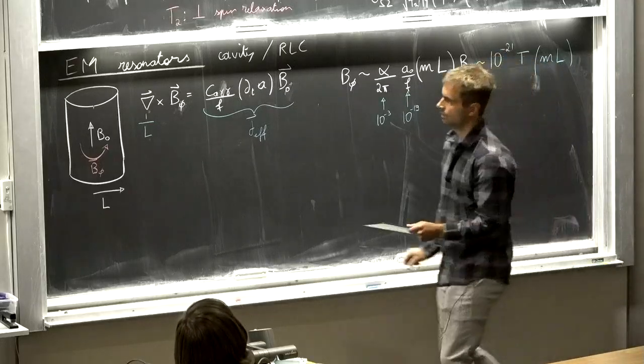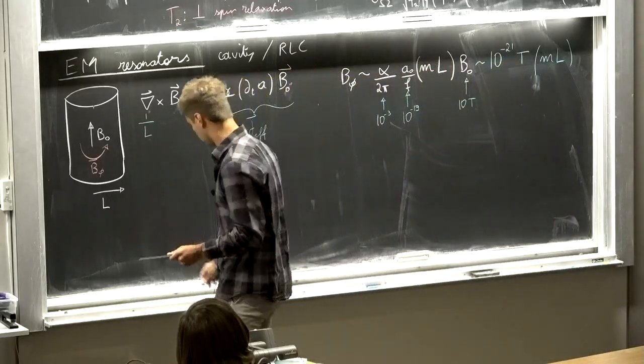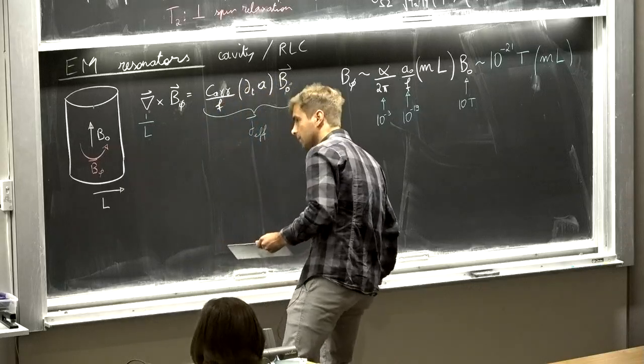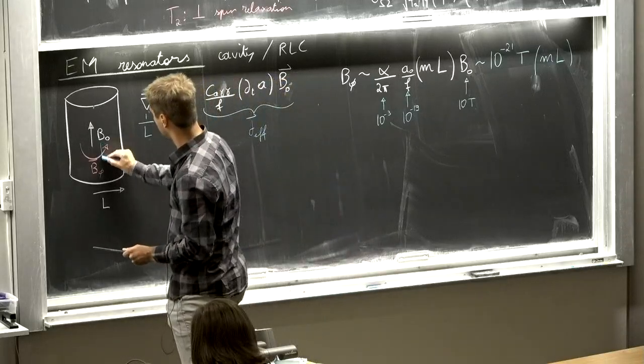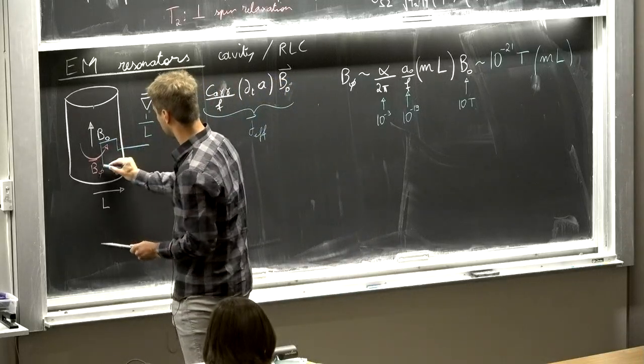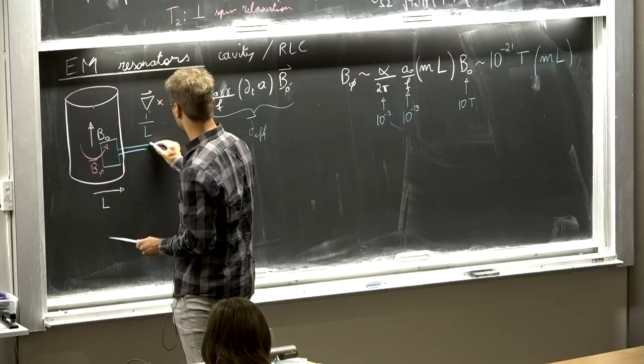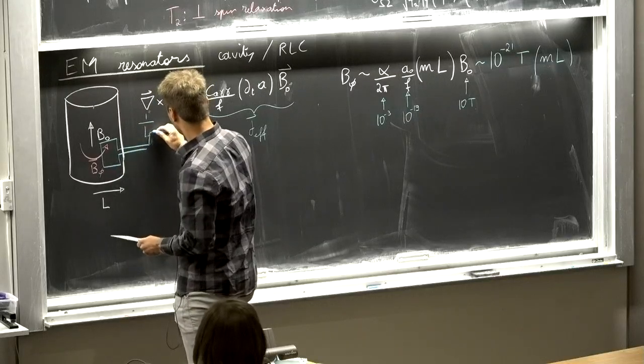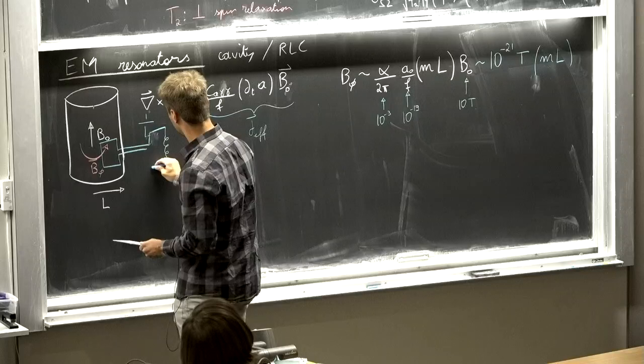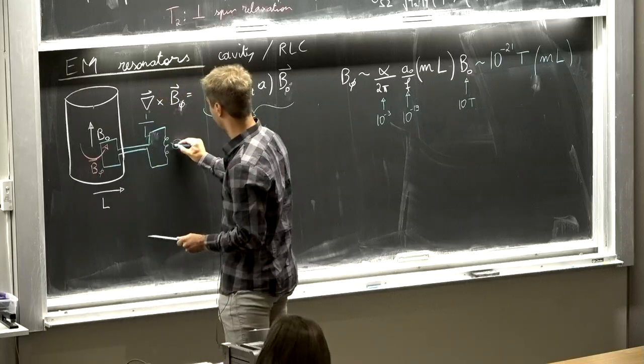And again, just very simplistically, we can try to detect this magnetic field using the same system. So we can have some effective pickup loop, and then measure it with some SQUID system.